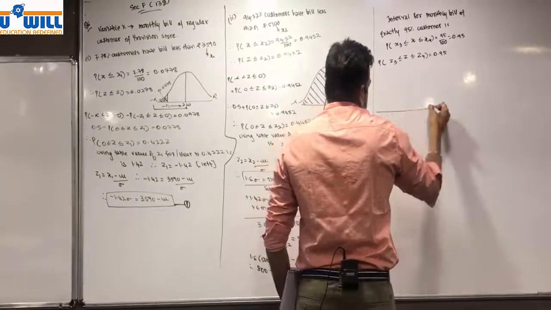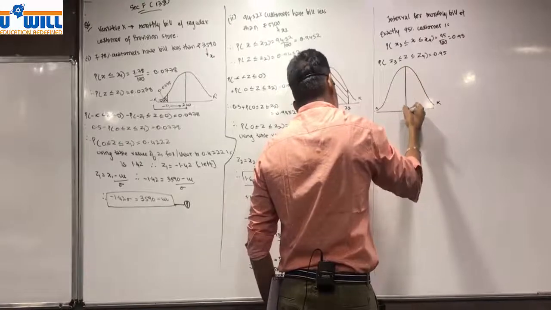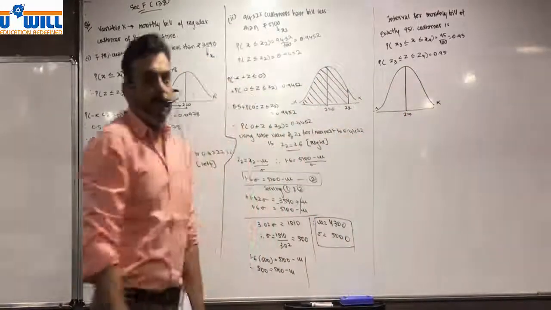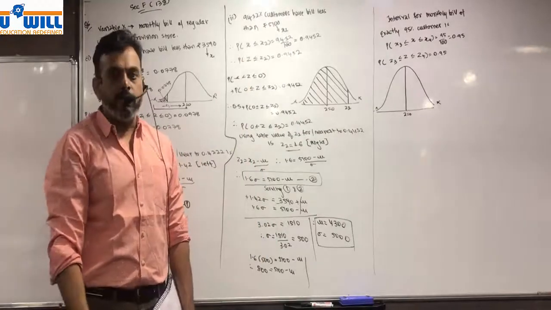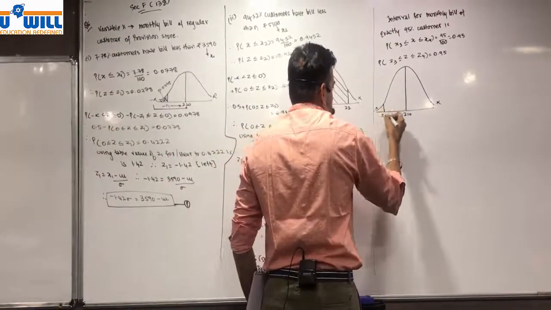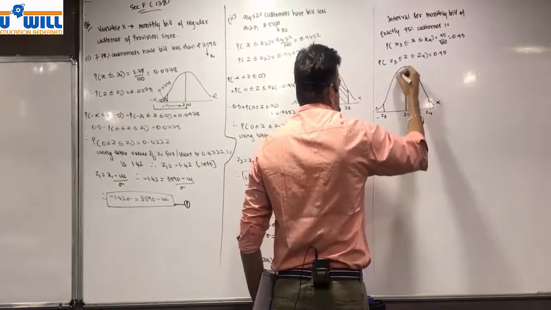We draw the graph, minus infinity to infinity, with Z equal to 0. So Z3 on the left, minus, and Z4 on the right.